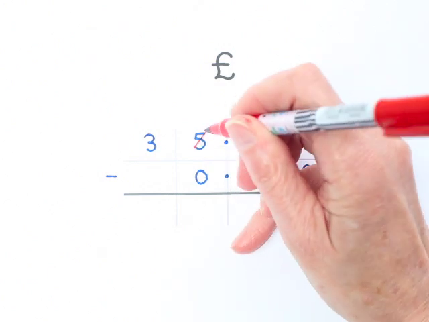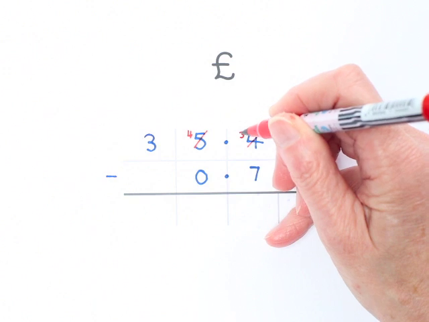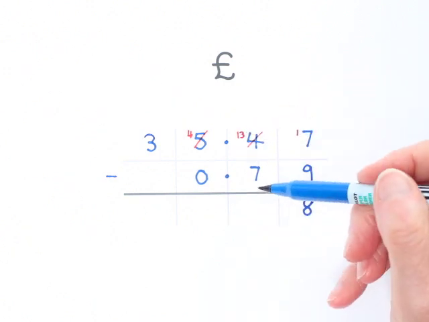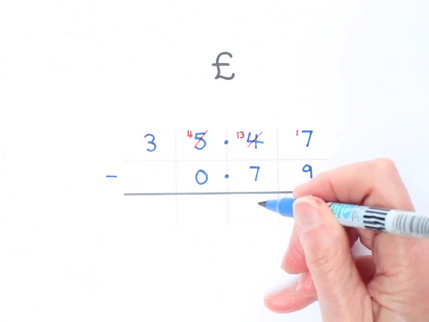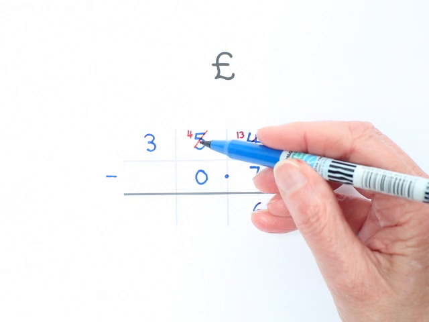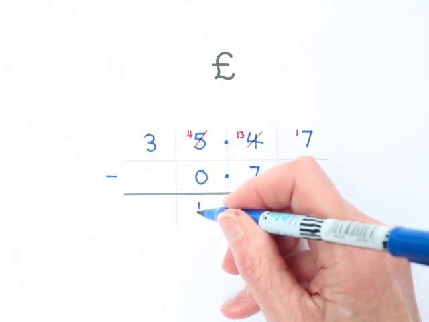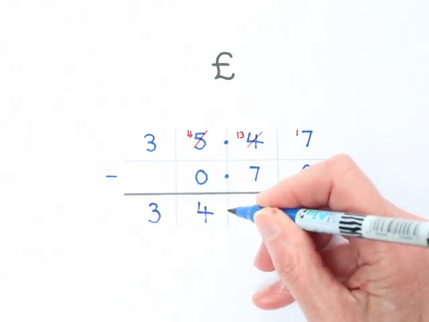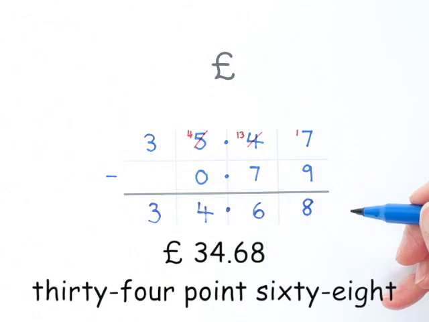So you take one of those, turning that to a 4, put a little 1 there. 13 take away 7, which is 6. Now in this column you've got 4 take away nothing, which is 4, and 3 by itself. Put in the decimal point, and that's the answer, £34.68p.